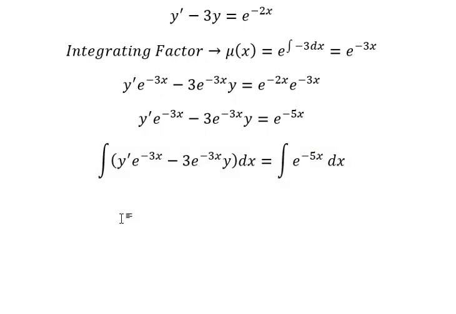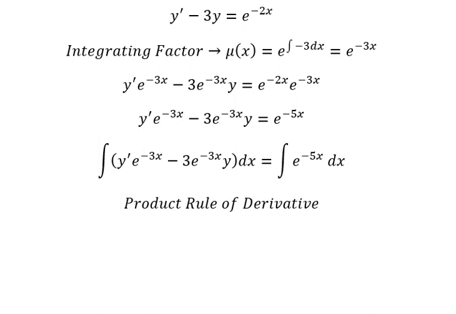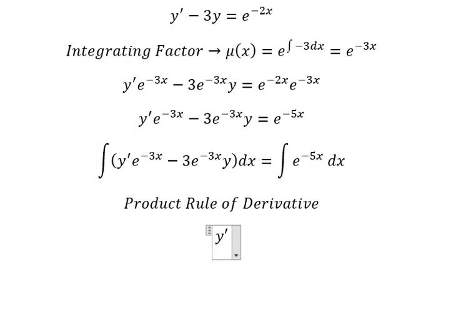So in this situation, we can use the product rule of derivative. So we have the first derivative of y equals the first derivative of a multiplied by b plus the first derivative of b multiplied by a.